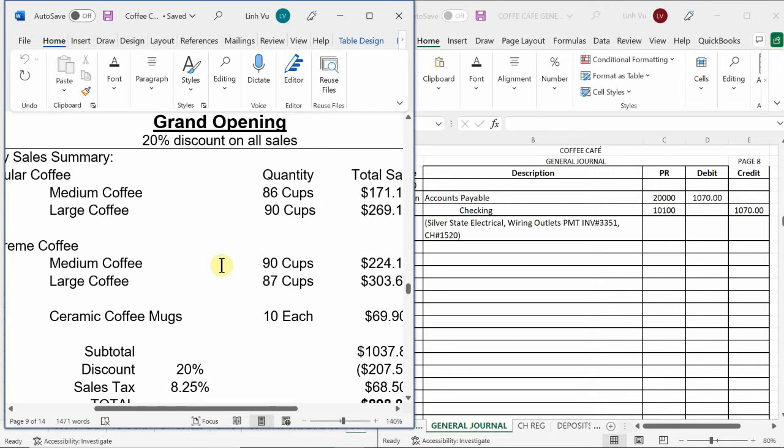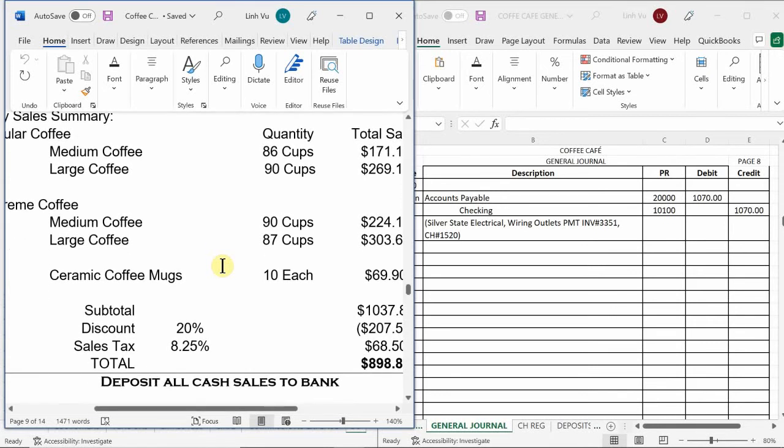And now we have our grand opening sales. Okay, so once again, this is what we sold in stores. We got a 20% discount. All right, we sold a total of 86 medium regular coffees, 90 large regular coffees, 90 medium Supreme coffees, and 87 large Supreme coffees with 10 coffee mugs.